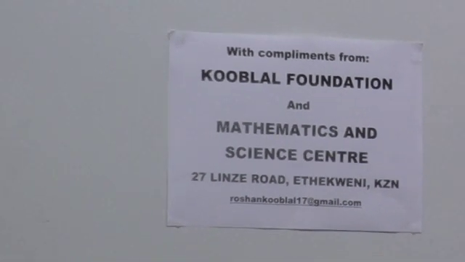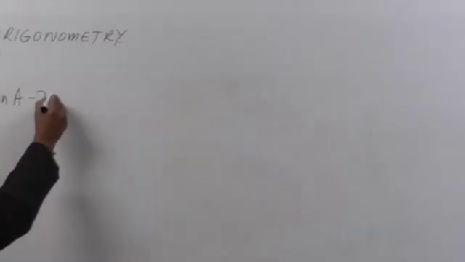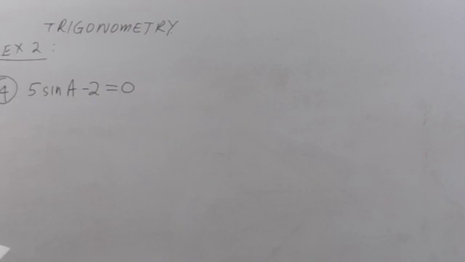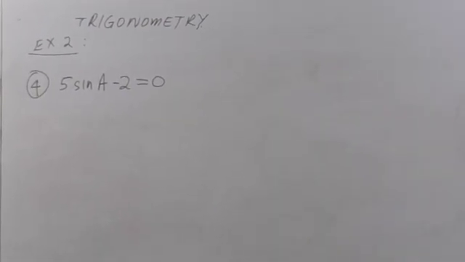Right, let's see what happened in number 4. In number 4, you were told 5 sine A minus 2 is equal to 0. Number 4, 5 sine A minus 2 is equal to 0.